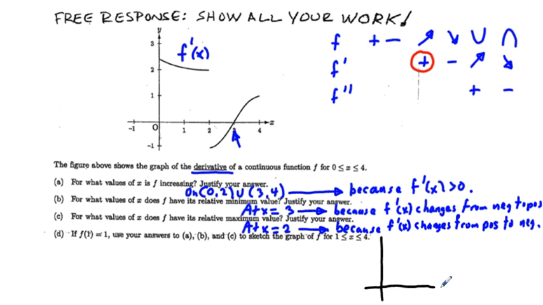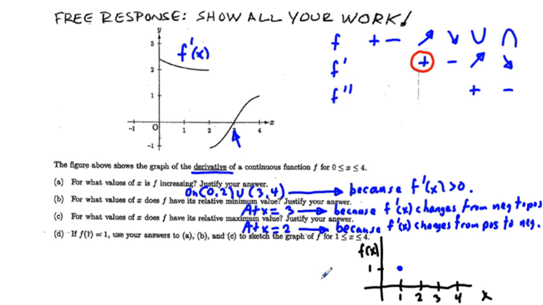We want to go between 1 and 4, so 1, 2, 3, 4. And we also say f of 1 equals 1. So here's f of x. That's 1 here. We can just draw it in here. There it is. Okay, f of 1 equals 1.